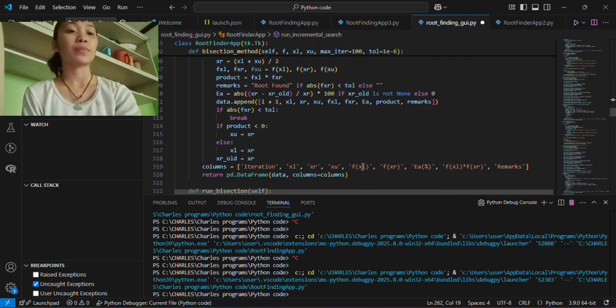If there is a sign change between xl and xr, the root is in the left half, so set xu equals xr. Else, the root is in the right half, so set xl equals xr. Update the previous root estimate for error calculation in the next iteration.